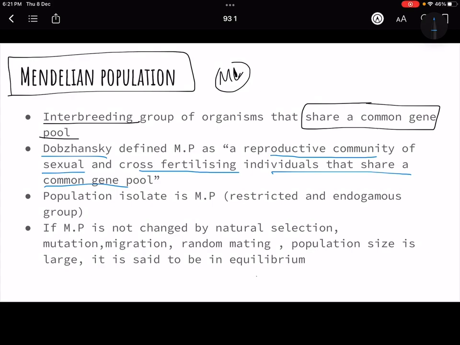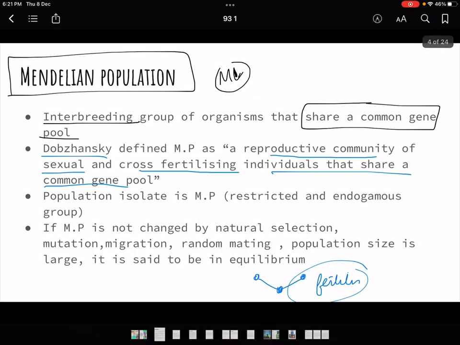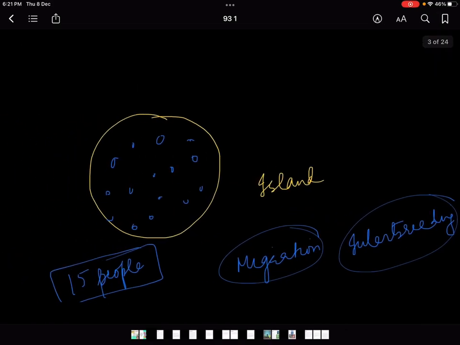When two people reproduce, their genes mix in the gametes, and that is fertilization. Whenever there is a common pool, people interbreed amongst themselves, and whatever common gene pool results, that is the Mendelian population.